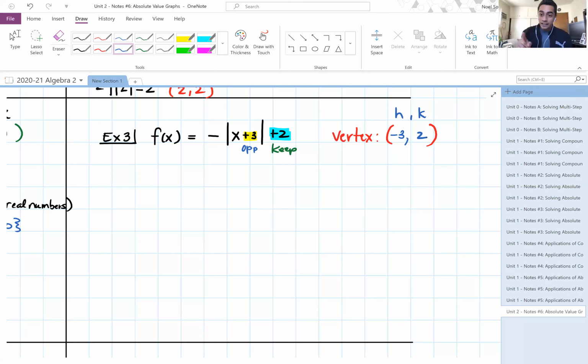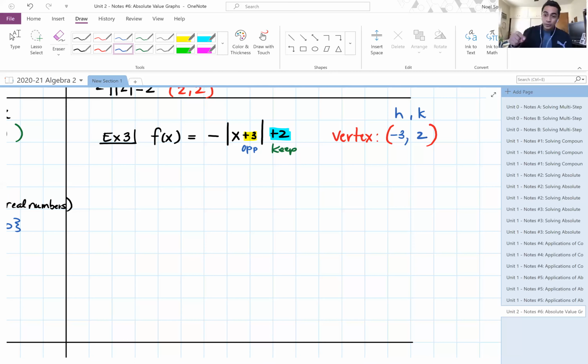And not only that, there's something else that happened to the function. Can you tell what happened? What's the A value? And what does the negative mean? What do we know about the V shape? Which way is it going to open, up or down? Yeah, the A value is -1, so it opens down, right? That's the thing to remember, okay?